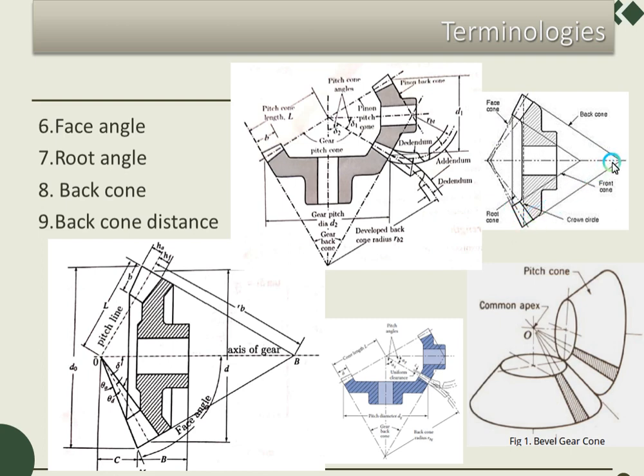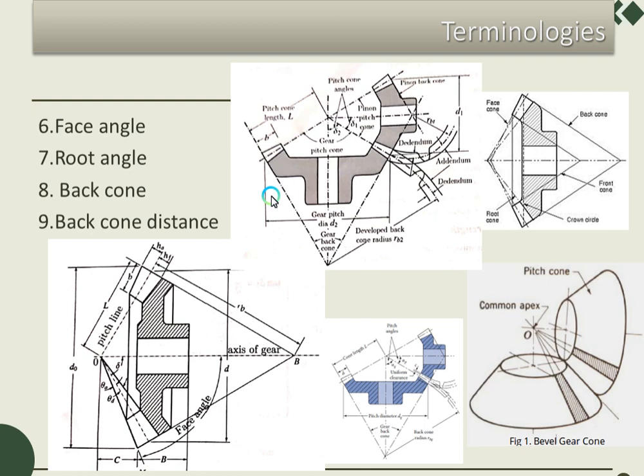We call that a back cone. And back cone distance, the last one. Back cone distance is the distance of the back cone from the axis to the tooth surface. That distance of the back cone we call the back cone distance.